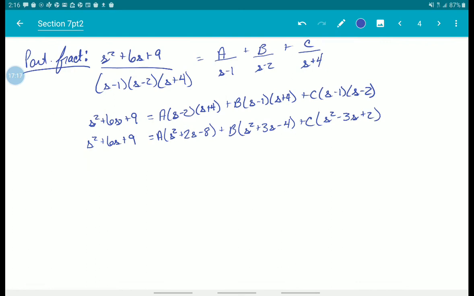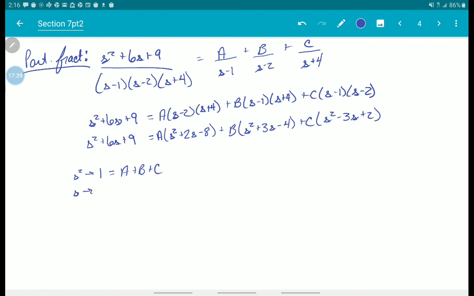So let's compare coefficients on the left and on the right. Looking at the s squared coefficients, on the left-hand side we have a 1. On the right-hand side, if we were to distribute, we would have A plus B plus C.